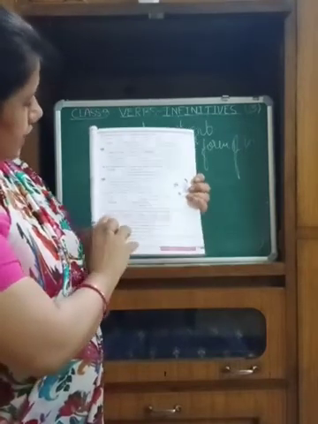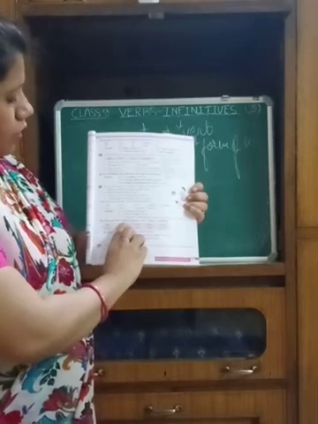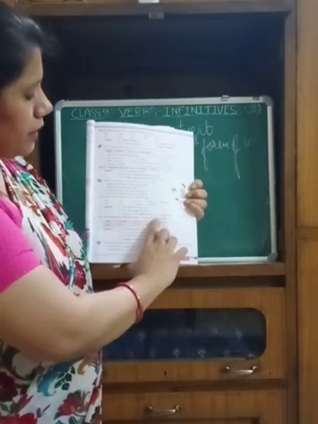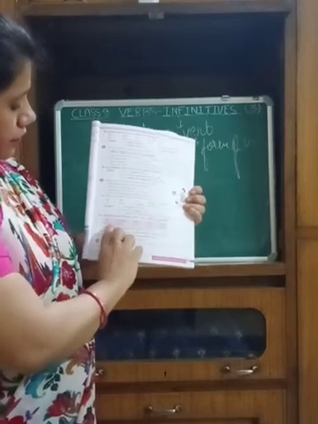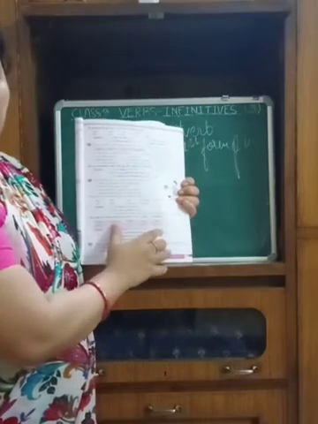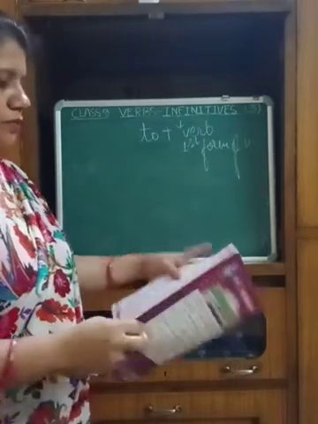The third rule is that the verbs given below follow the pattern verb plus object plus to infinitive, and mark the verbs given in the block and learn them also.